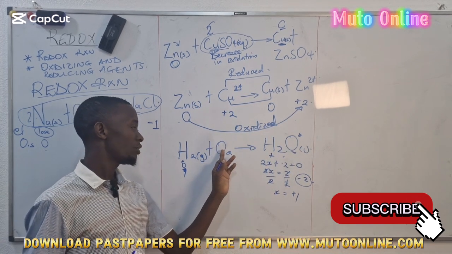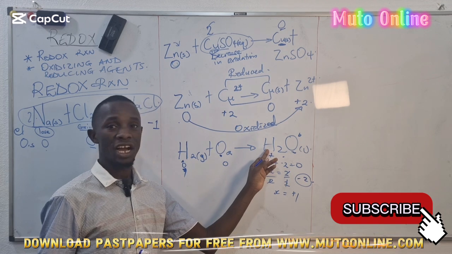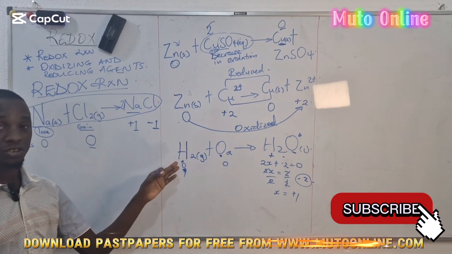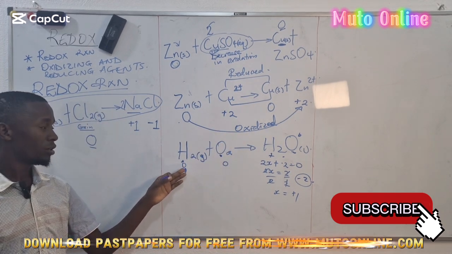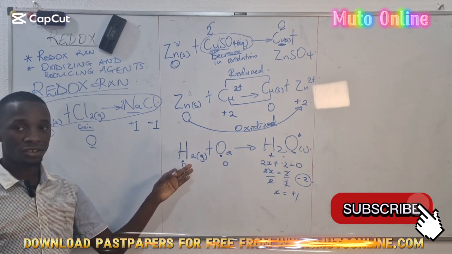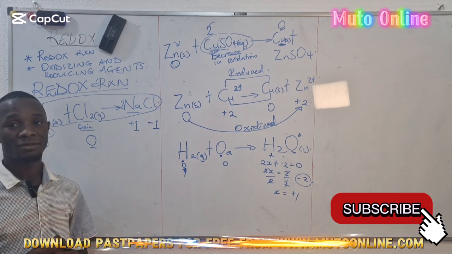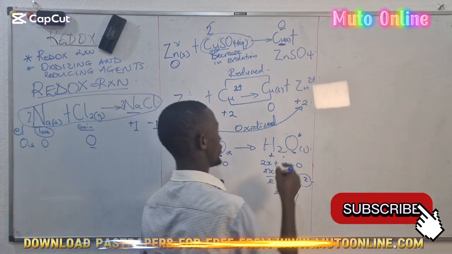And the oxygen is reduced since hydrogen has been added to it. So this can also be a redox reaction because both oxidation and reduction are occurring simultaneously. There are many examples, we cannot finish them.